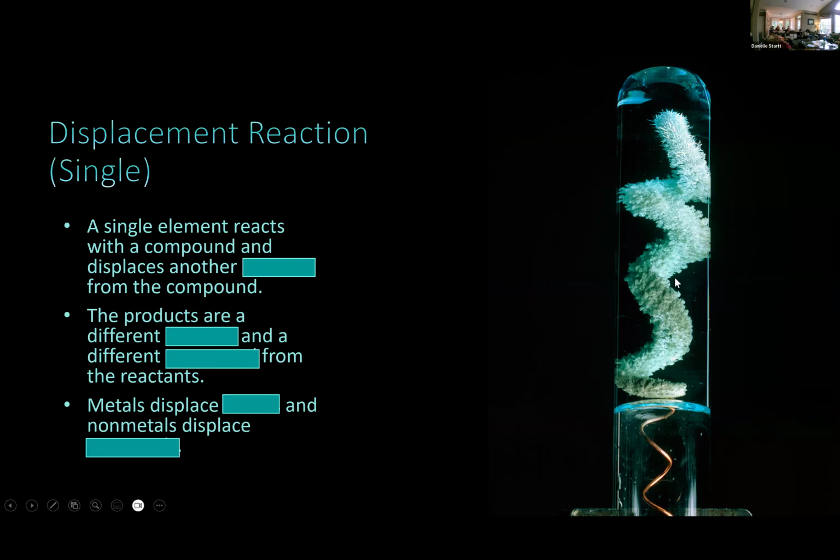So you've got two things, and one of those things is swapping out for something else. The products are different. What are they? A different element, right? And a different compound. Very good. And that's what forms from your reactants.